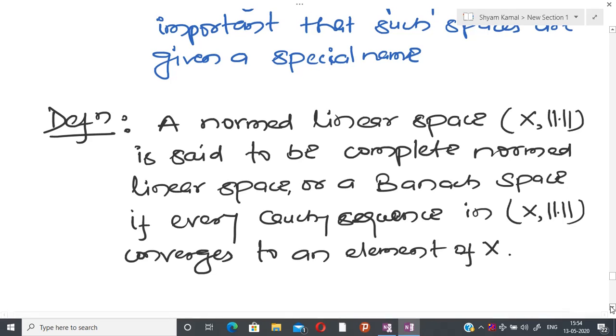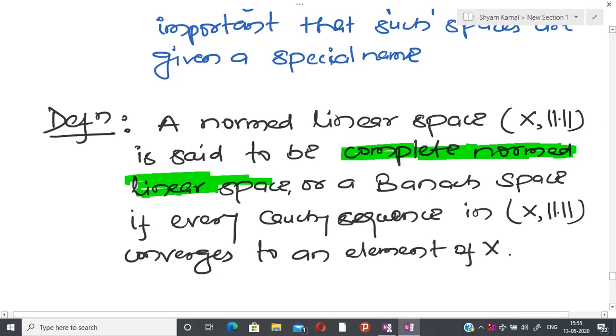But those spaces where this property holds, meaning all Cauchy sequences are convergent, have a special name, because we have several uses of that, and that is called a complete normed linear space. Sometimes people also call this a Banach space.